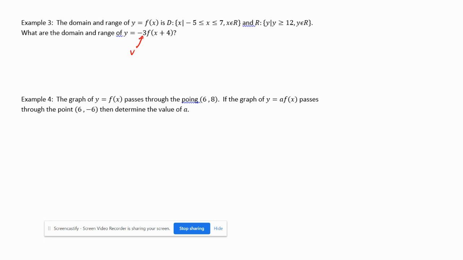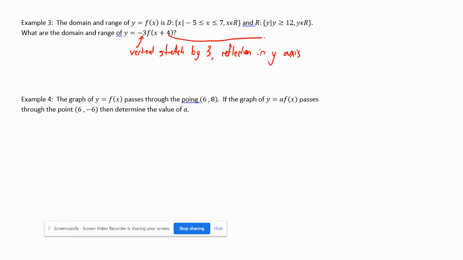This is a vertical stretch by 3 and reflection in y-axis.